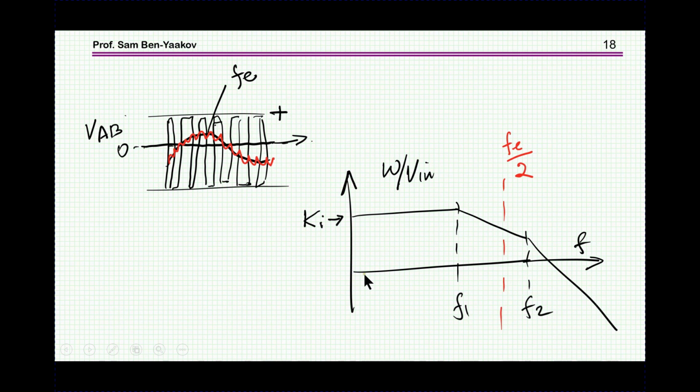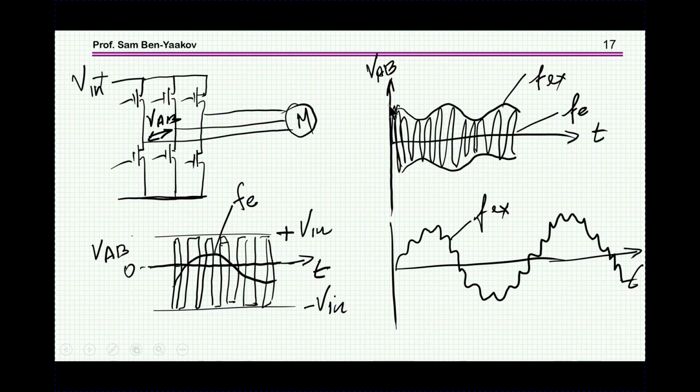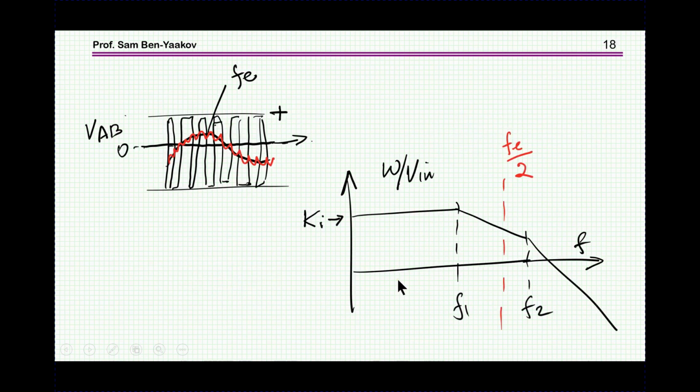This is this frequency here. If the modulation is at a low frequency, then we are going to see an envelope here. If the modulation is at a high frequency, that's what we are going to see. So this is a modulation above the frequency that is fed to the motor, associated with the rotating magnetic field within the motor.